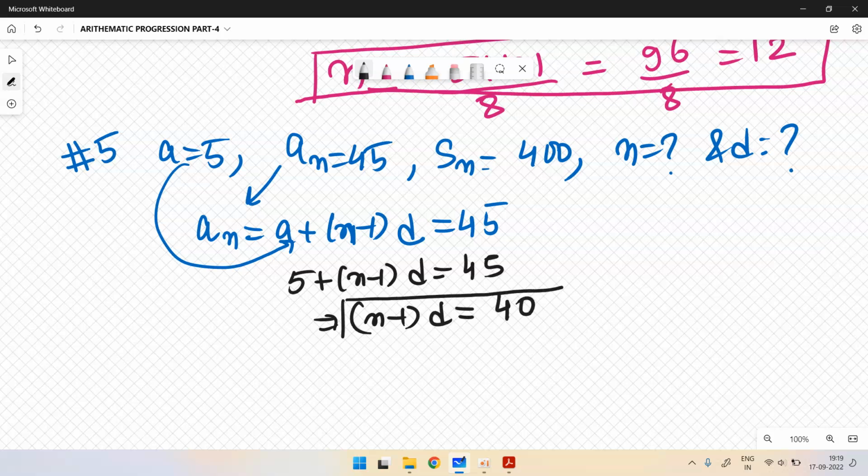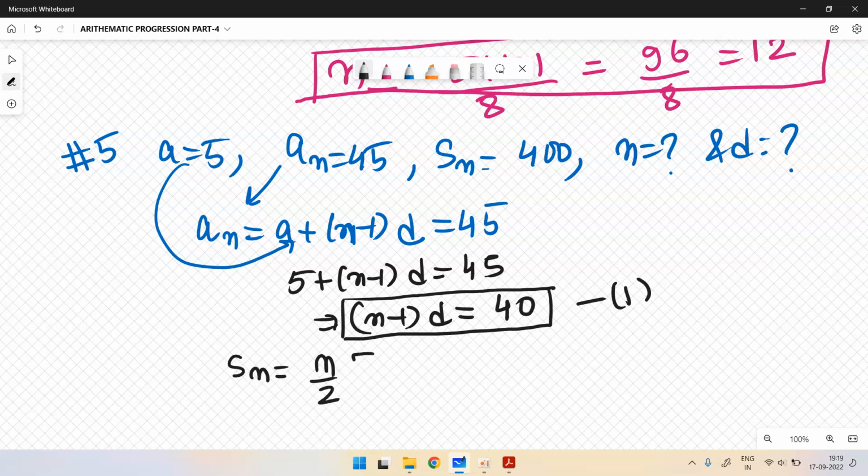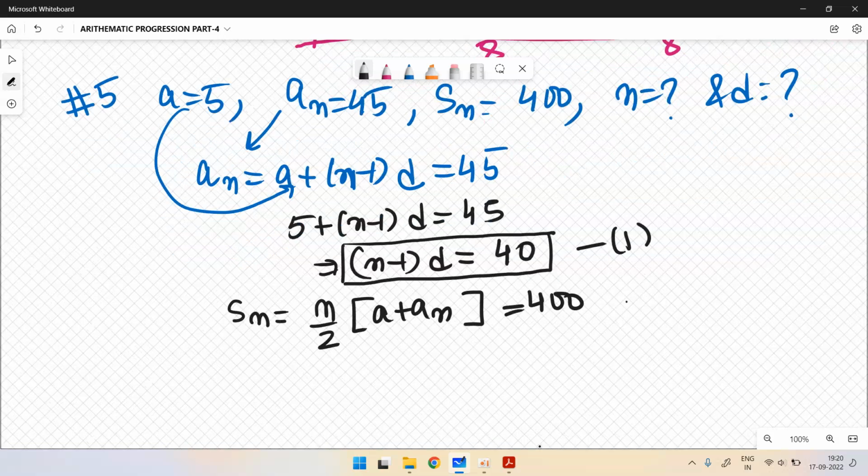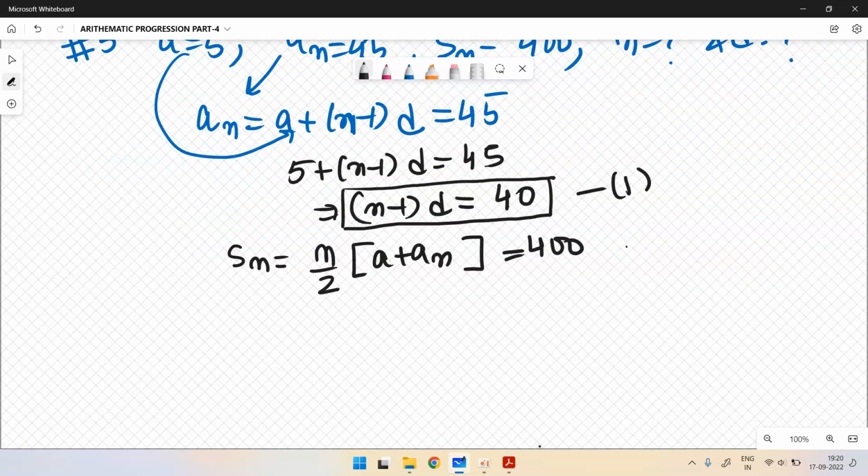I will take this to be my first equation. Now, from Sn, what do you know about Sn? Sn is nothing but n by 2 into a plus nth term, which is given to be 400. The nth term is given to be 45, and a is given to be 5.